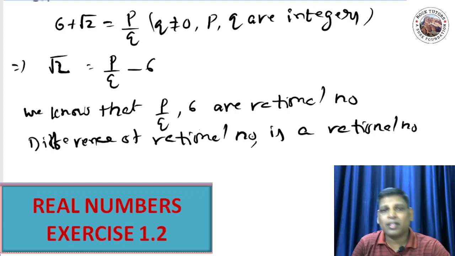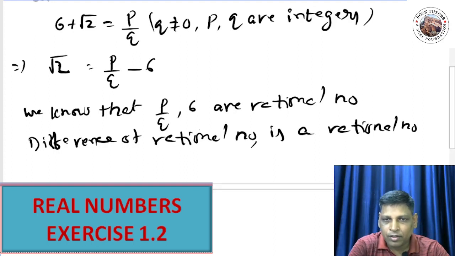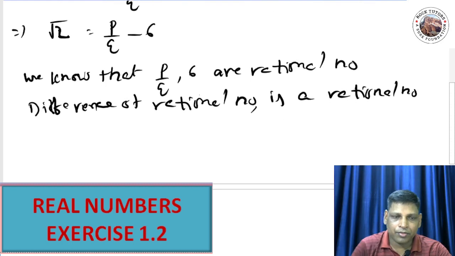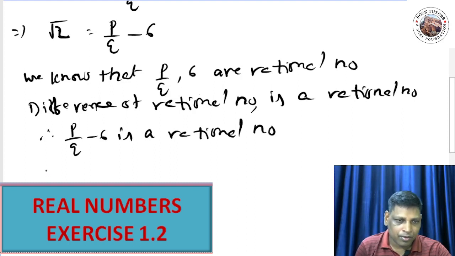Therefore, p by q minus 6 is a rational number. Therefore, root 2 is also a rational number.